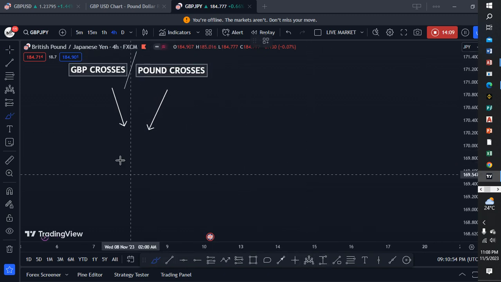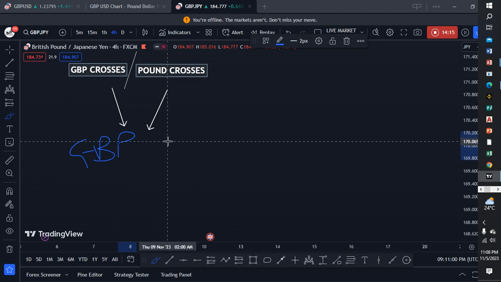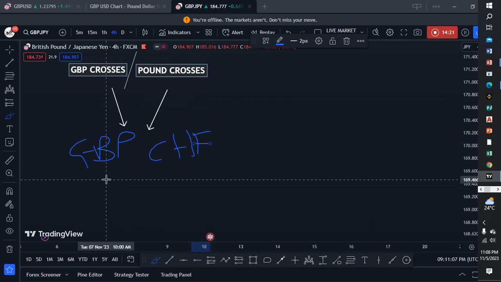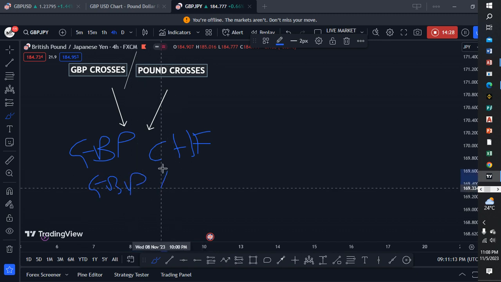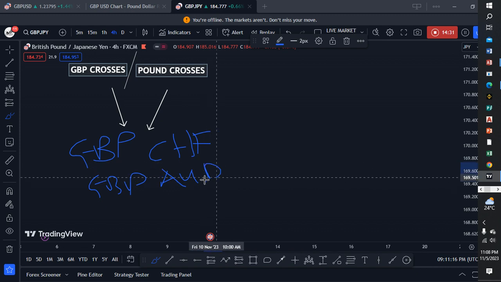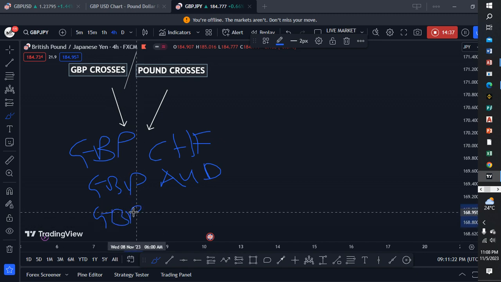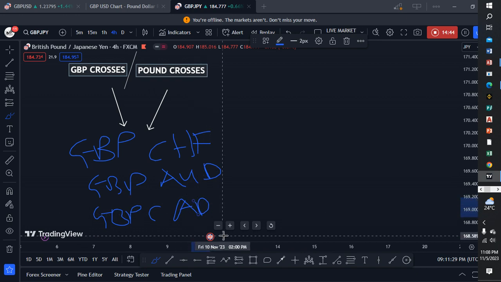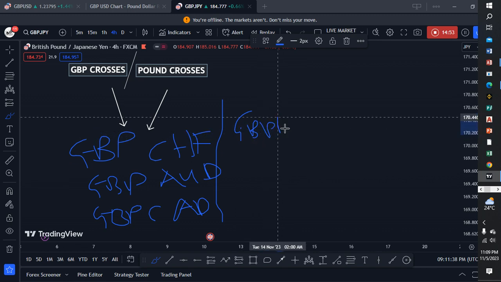We have the GBP and the Swissy. We have the GBP and the Australian dollar, and the GBP and the CAD, and lastly the GBP and the NZD.